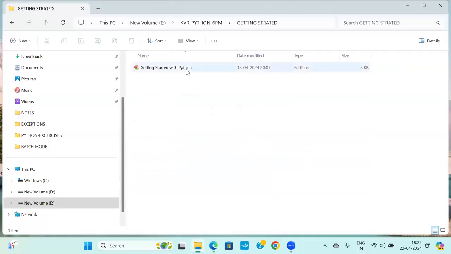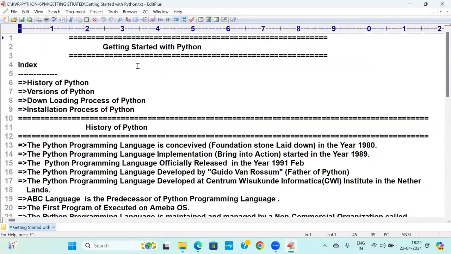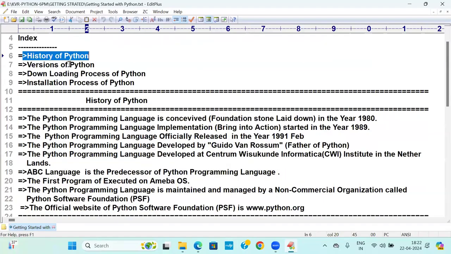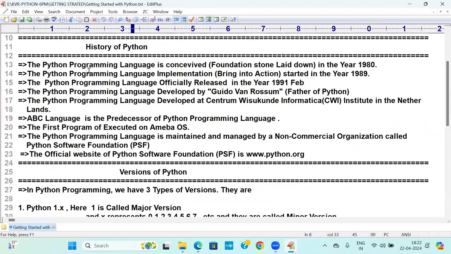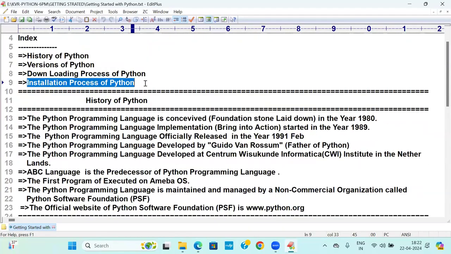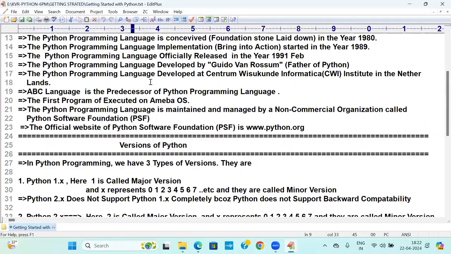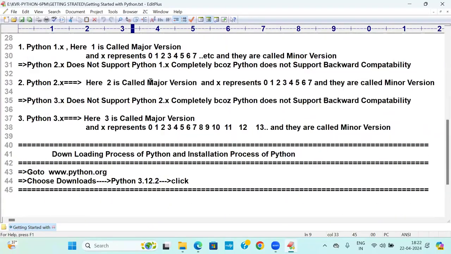In the previous class, we started with getting started with Python. There I explained the history of Python, versions of Python, and the downloading and installation process of Python. These points I already explained.